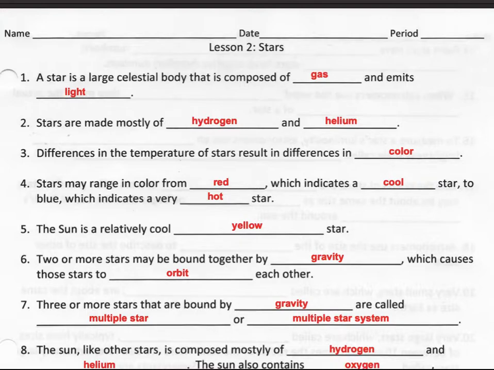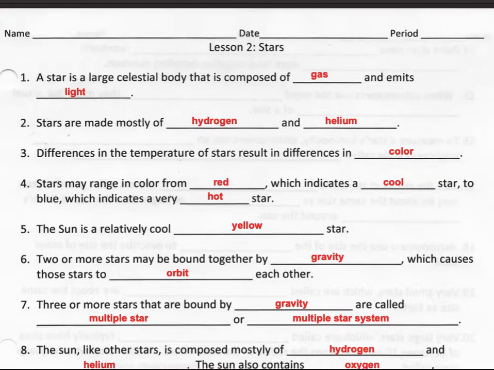Number 1, a star is a large celestial body that is composed of gas and emits light. Number 2, stars are made mostly of hydrogen and helium. Number 3, differences in the temperature of stars result in differences in color.